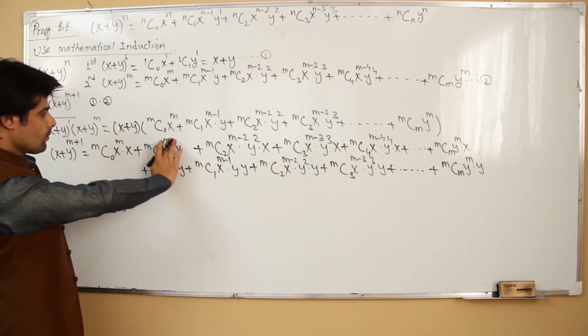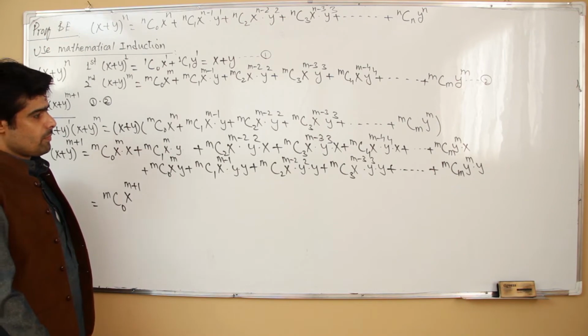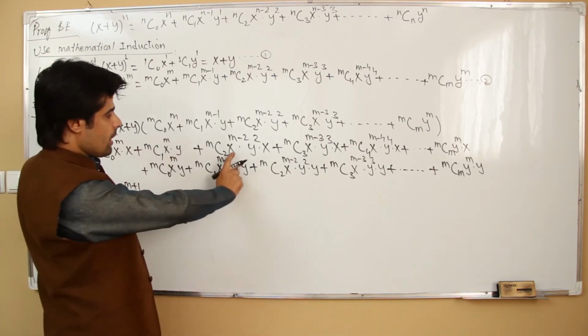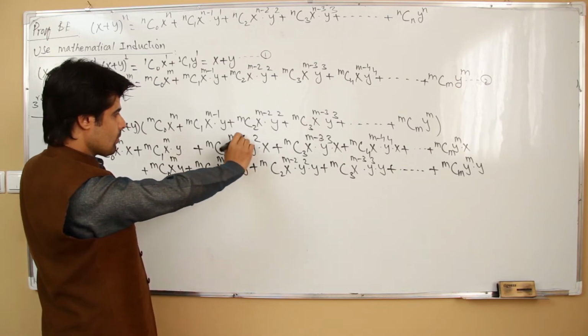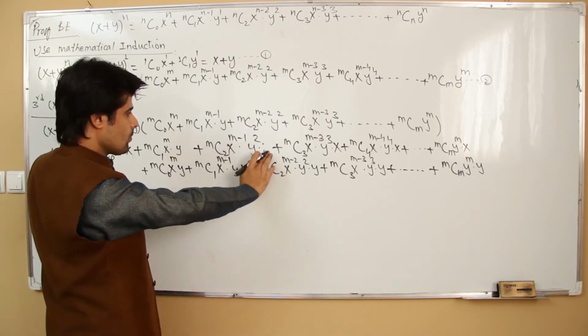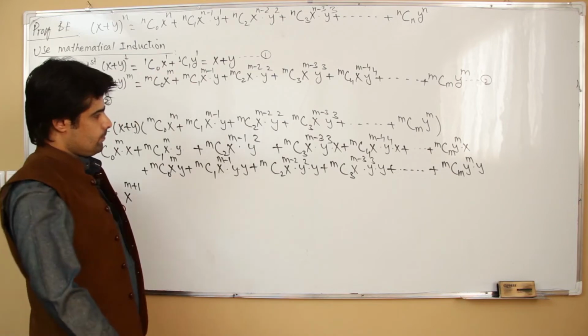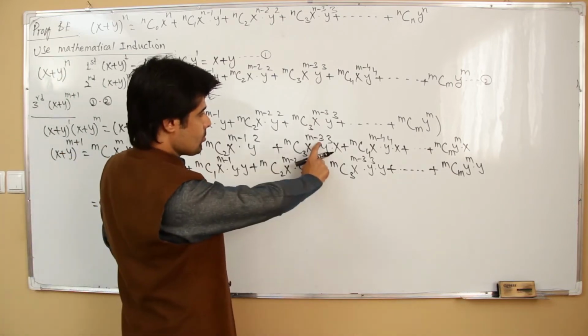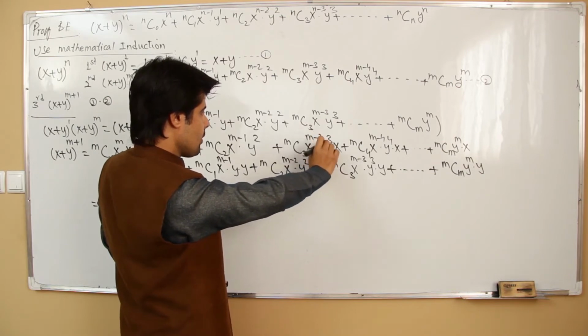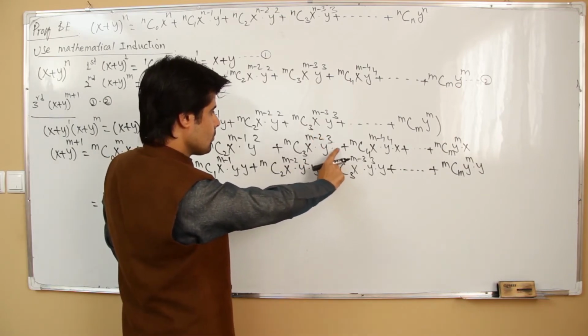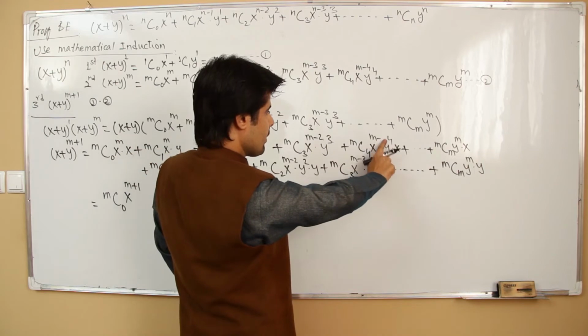Am I right? Yes. Here, look, x to the power m minus 2 with this x, this is m minus 1. Here, x to the power m minus 3 with this x, it's x to the power m minus 2. Here you have m minus 3.